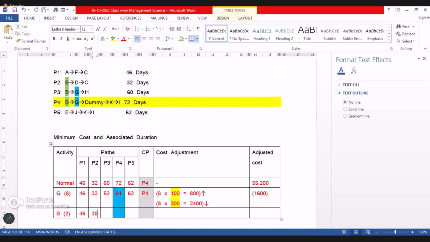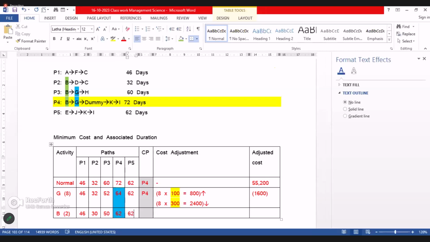P3 now becomes 50. P4 now becomes 62. And P5 also has no changes, 60.